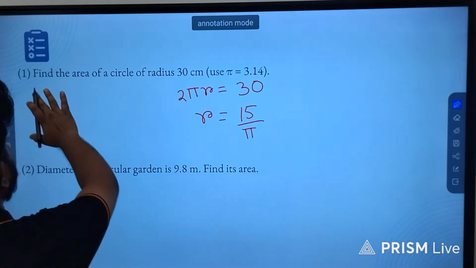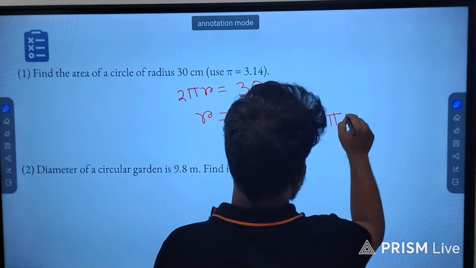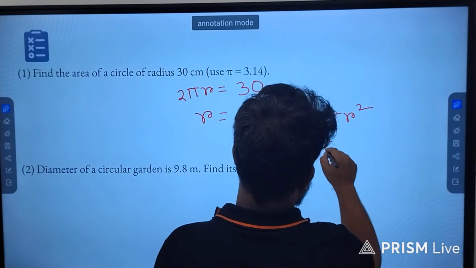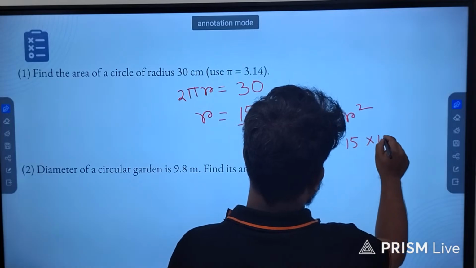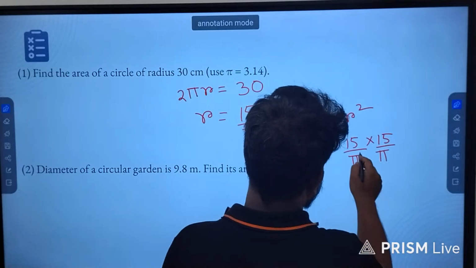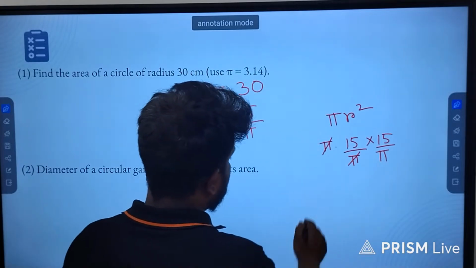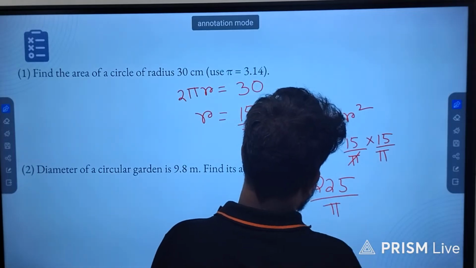Okay. So to find the area of the circle, we need pi r square. From that, we can say that it will be 15 into 15 by pi into pi. So pi will get eliminated and the answer will be 225 by pi.